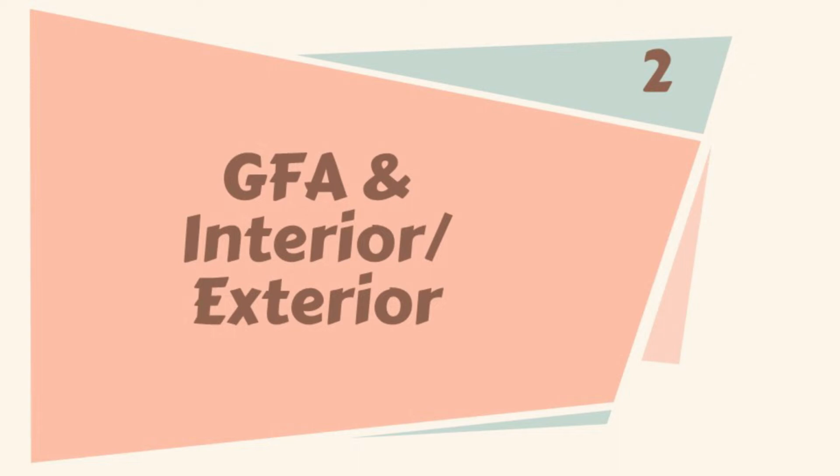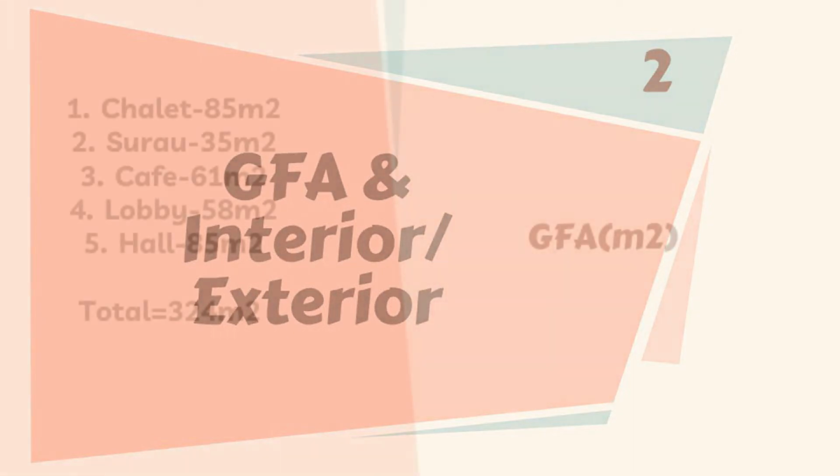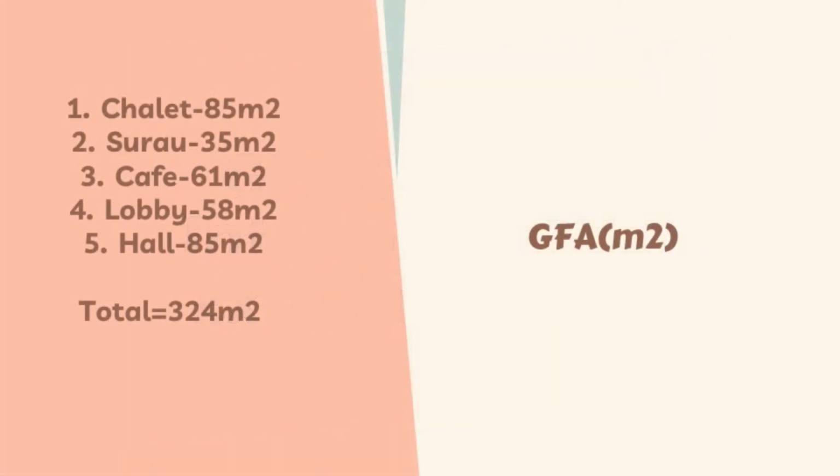First, I will explain about the GFA for every single building in this project. Our project consists of a single chalet with GFA 85 meter square, surau with GFA 35 meter square, cafe with 31 meter square, lobby with 58 meter square, and the last one is the hall with 85 meter square.